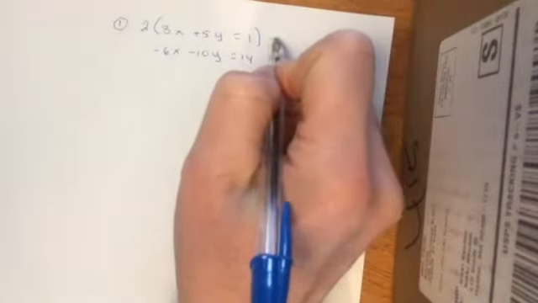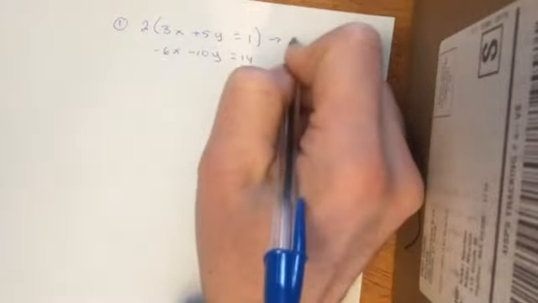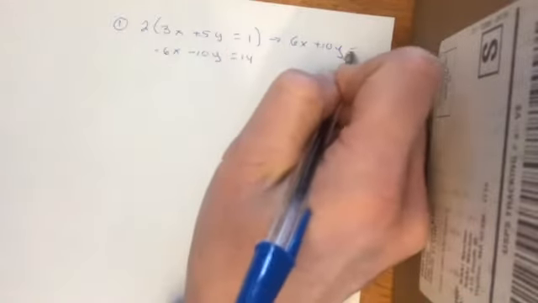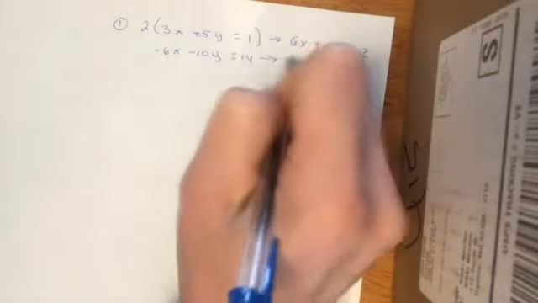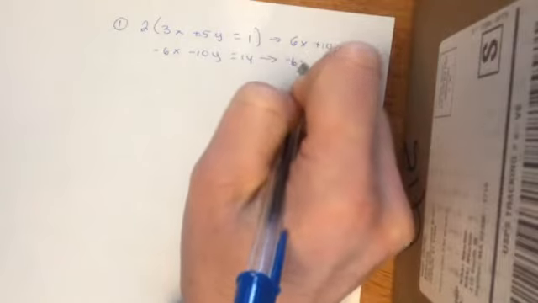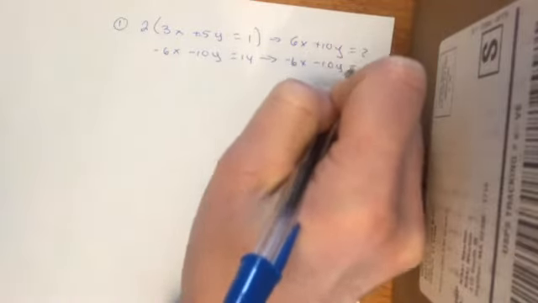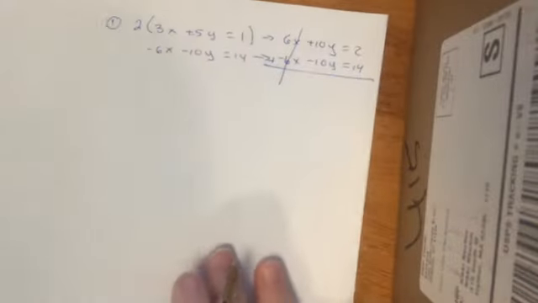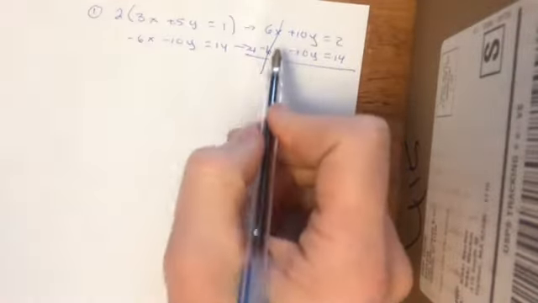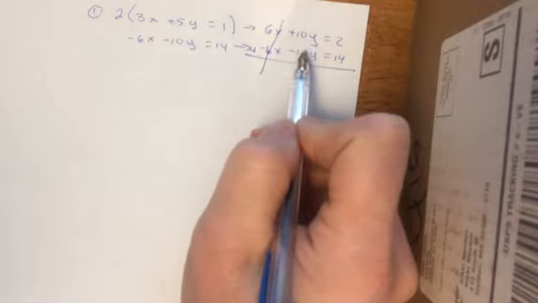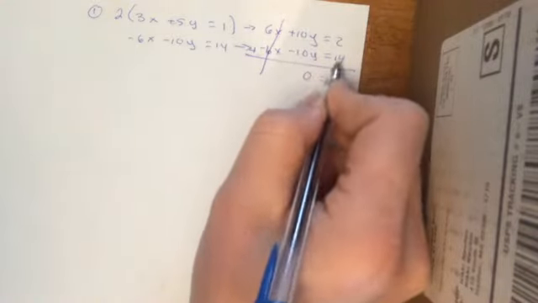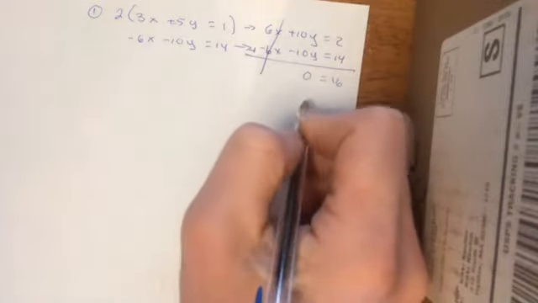So 2 times 3x is 6x, 2 times 5y is 10y, 2 times 1 is 2, and I'm going to copy this equation underneath the first one. Now if I add, 6x plus negative 6x is eliminated as I planned. 10y minus 10y turns out to be 0 as well. And 2 plus 14 is 16.